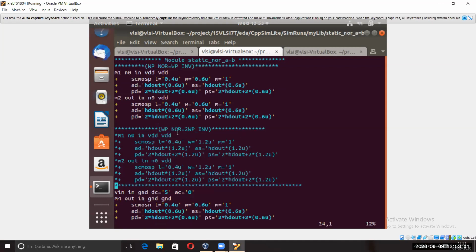That is, the upper PMOS width I have taken 2 times the NMOS width, 0.6 into 1.2, 1.2 for both the PMOSes, and the NMOSes are as it is, 0.6 only. First case, we have to do it for WP of NOR equal to WP of inverter, so this one I have commented.